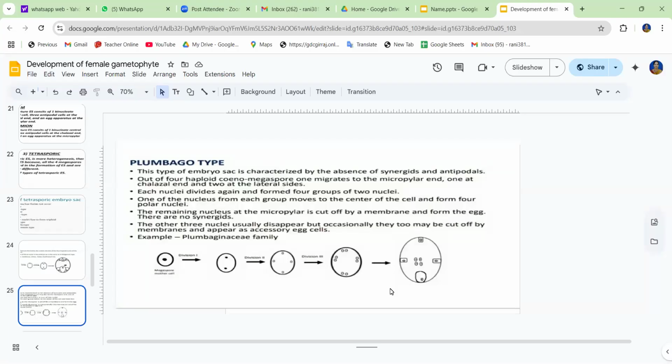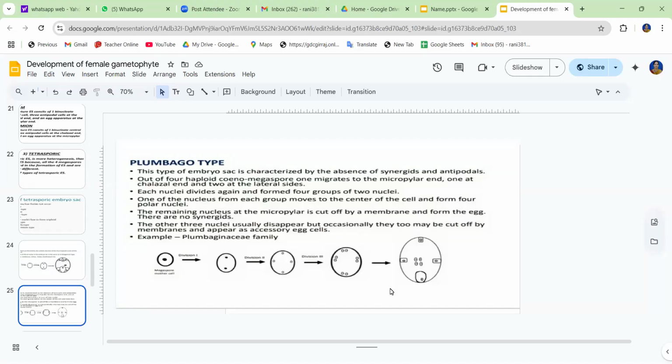The Plumbago type of development occurs not only in other species of the genus Plumbago, but also in 2 other genera of the Plumbaginaceae, Ceratostigma and Vogelia. This type is not known in any other family except the Plumbaginaceae. That's why it is named the Plumbago type.